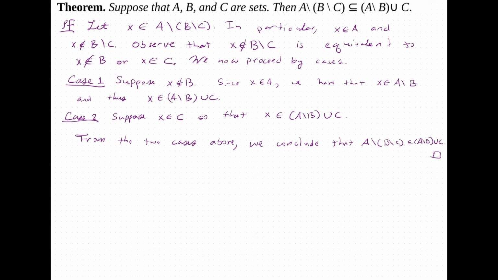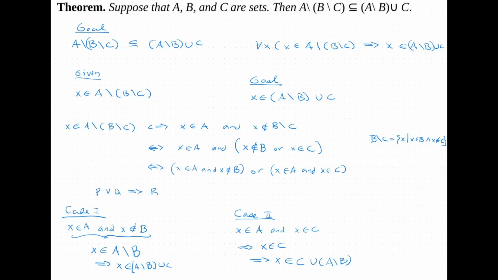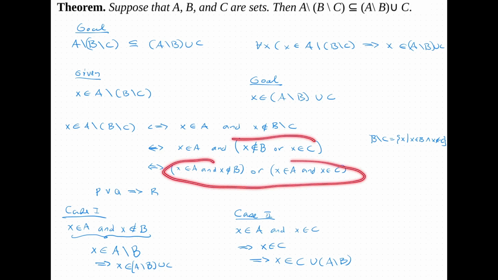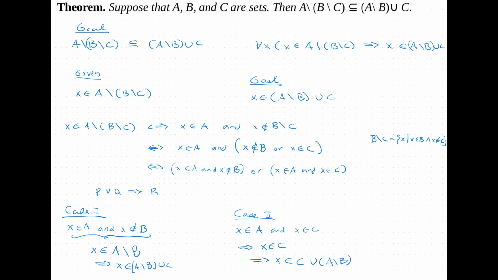And so something to note here, when we were writing the scratch work, I made the separation where we did the distributive law and we had x is in A and x is not in B. Whereas in the proof, I did not say the step, but instead kept working with this. And the idea is that we already know that x is in A. And so we really just have to consider the cases x is not in B and x is in C separately.